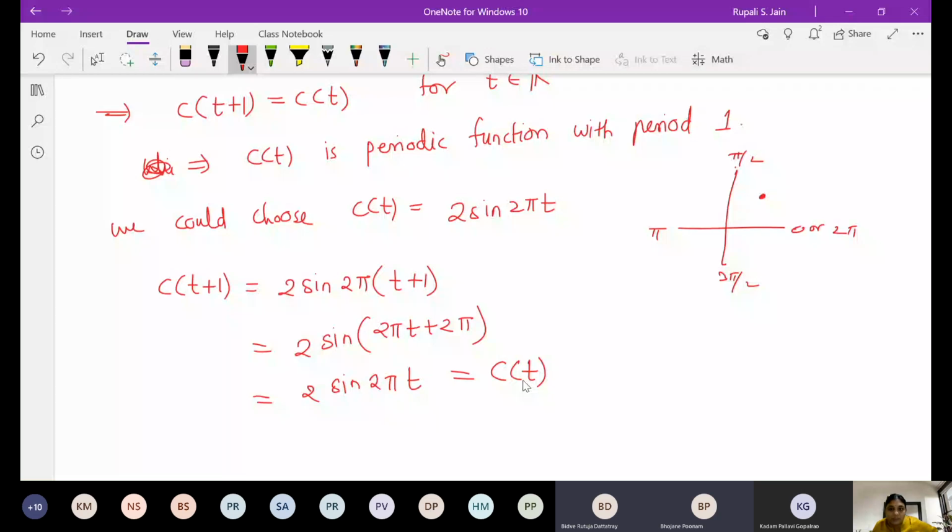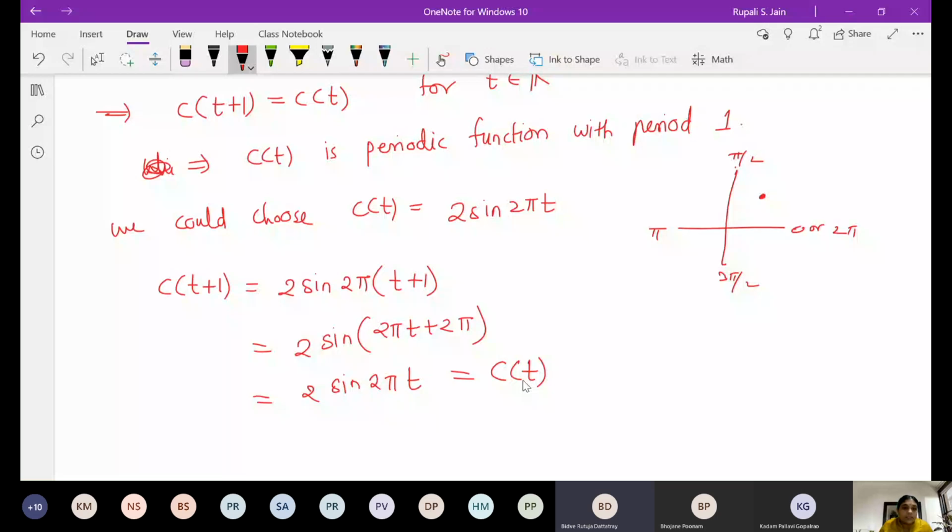Again I get the first quadrant, so again I get 2 sine 2 pi t. So whatever may be your t plus 1, t plus 2 or t plus 3, it is just a periodic function of period 1.